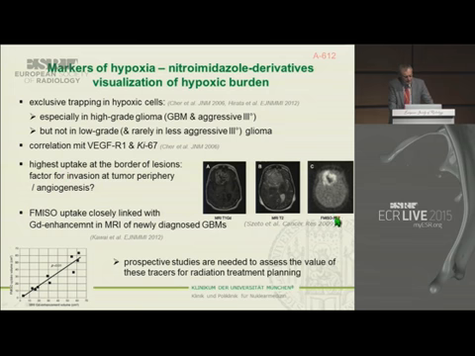It has the highest uptake in the border of the lesions, and it's almost exclusively correlated to the gadolinium enhancement of MRI. You see here this very tight correlation. This makes it, from my point of view, interesting for scientific studies, but it does not yield enough additional information in clinical practice to really use it.